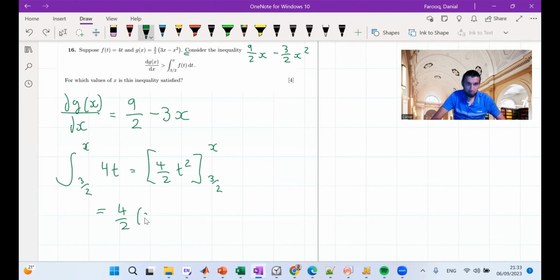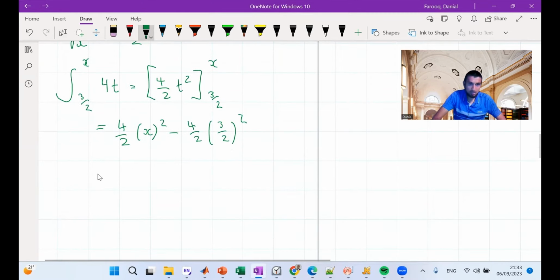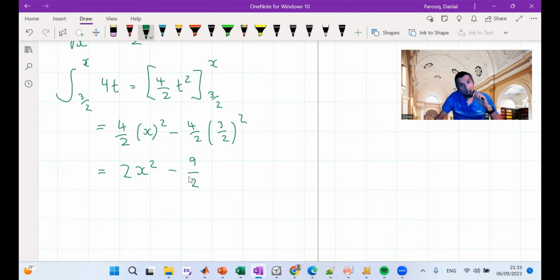So that would be 4 over 2 times x squared minus 4 over 2 times 3 over 2 squared. Okay. Now that 4 over 2, believe it or not, is 2. That would be 2x squared. And then this should be 2 times 9 over 4, which would be minus 9 over 2. Okay. Because yeah, if you square that, that would be 9 over 4 times that by 2 becomes 9 over 2.